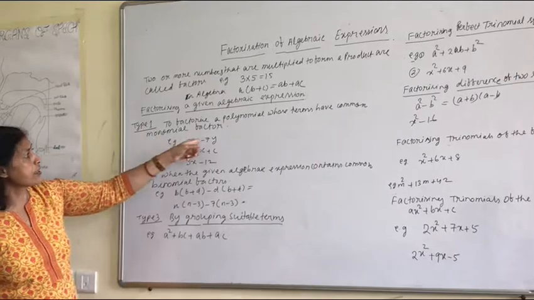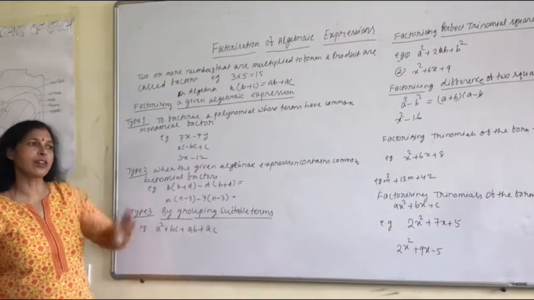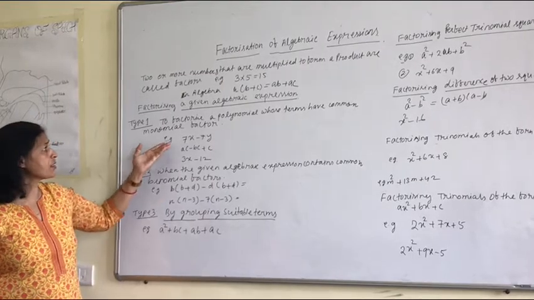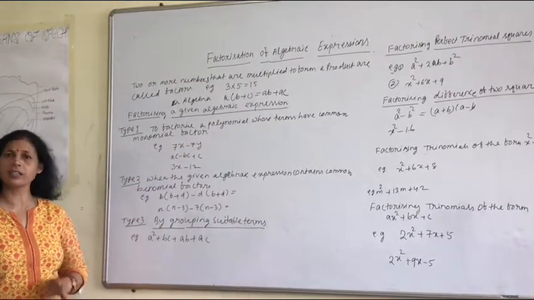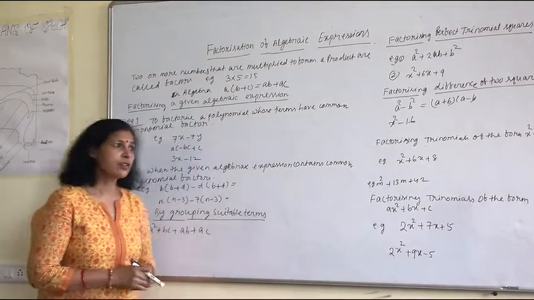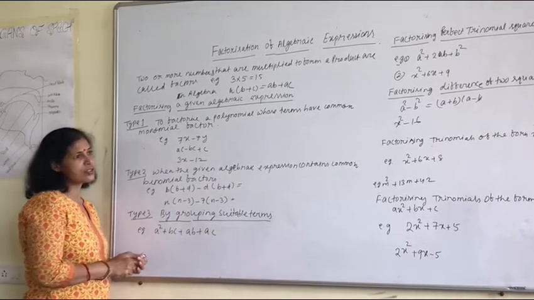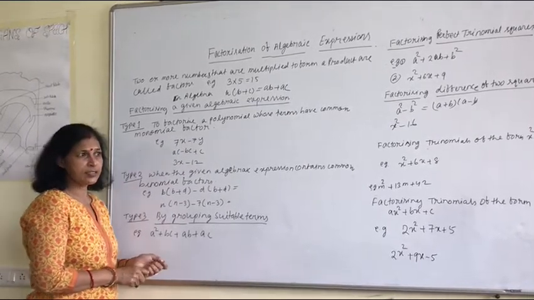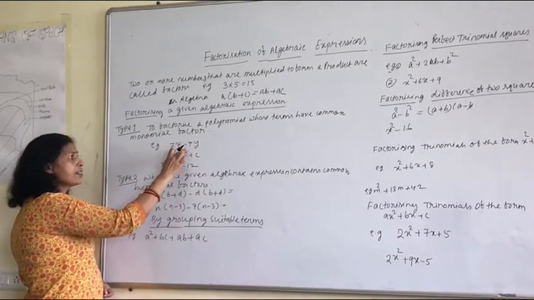Type 1: to factorize a polynomial whose terms have a common monomial factor. Suppose one type of question example is given: 7x minus 7y. It is an expression, so you have to find out the factors. In 7x minus 7y, what is common? 7 is common between the two terms, 7x and 7y.